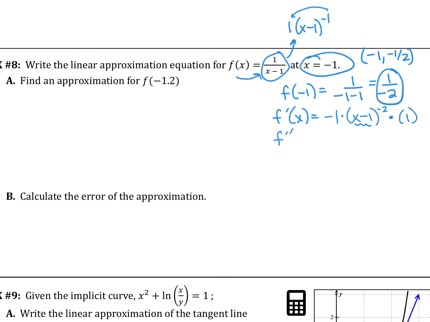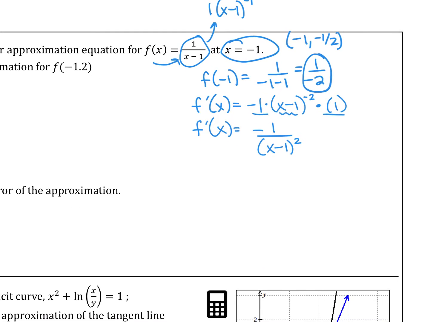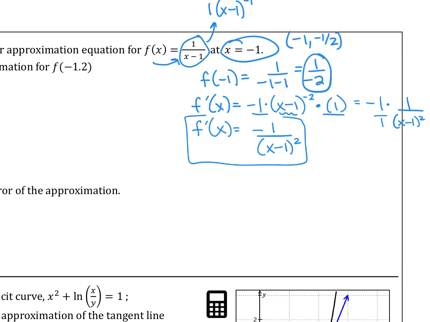So we have f prime of x equals, if I multiply negative 1 and 1, I get negative 1. And then x minus 1 to the negative 2 is going to be x minus 1 squared on bottom. Okay, I guess I could have here said negative 1 times 1 over x minus 1 squared. And if I multiply these fractions together, I do get negative 1 over x minus 1 squared.